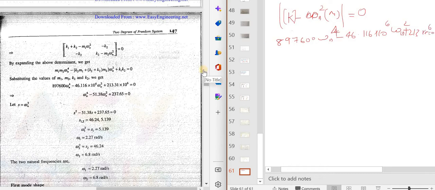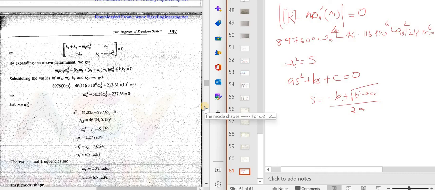Okay, now I can solve for omega, so I am taking omega n square equal to s. So here a s square plus b s plus c is equal to 0. Now this is the equation which I got. Now I need to find out s. S is equal to minus b plus or minus root of b square minus 4ac by 2a.